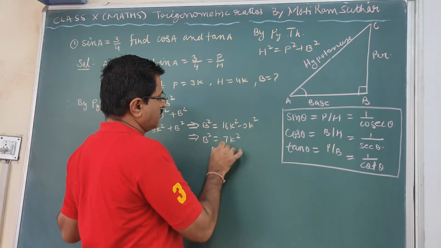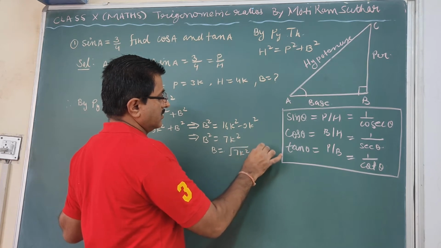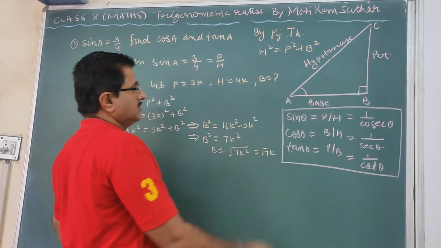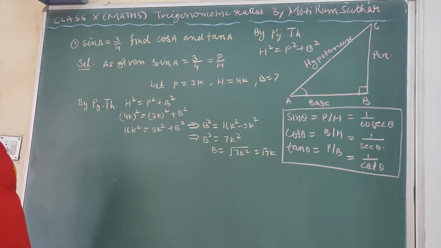We get b equal to root of 7k square, that is root 7 k. Clear? So in this way, you can find the value of base. So we get base as root 7k. So we get all the sides of the triangle.